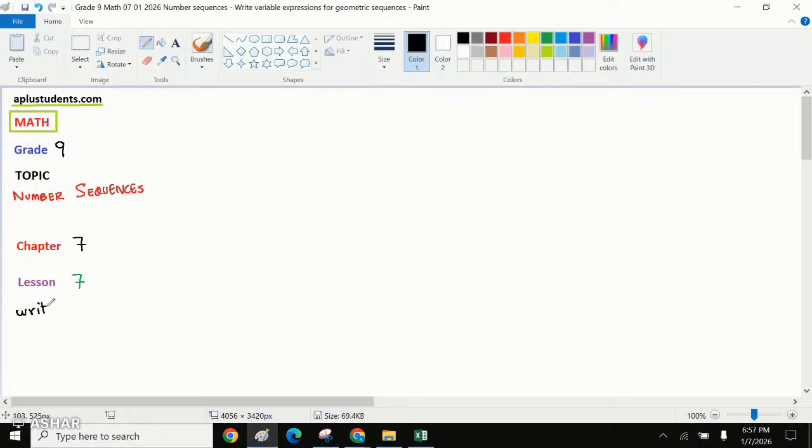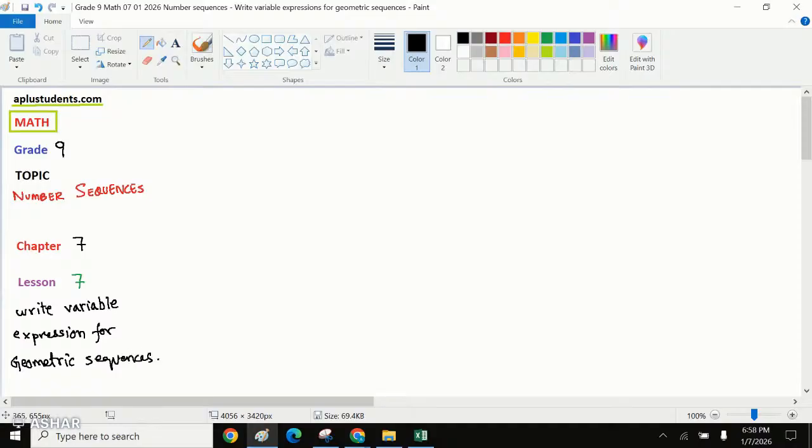The name of the lesson is write variable expressions for geometric sequences.